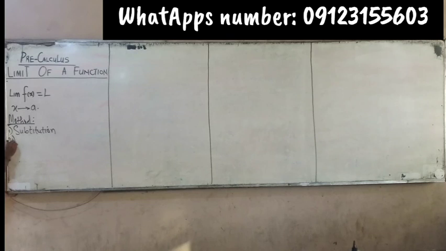Number 2, we have the H method. Number 3, we have the limit at infinity.